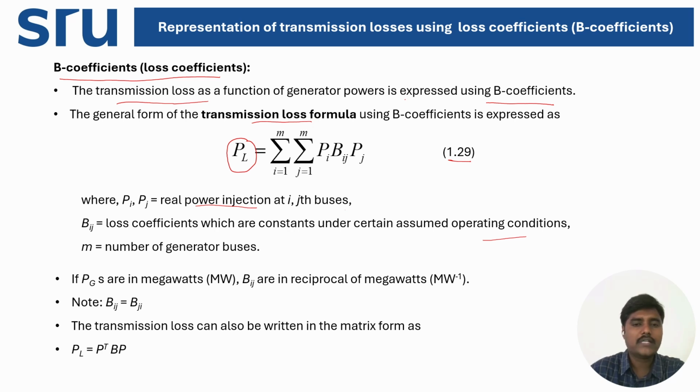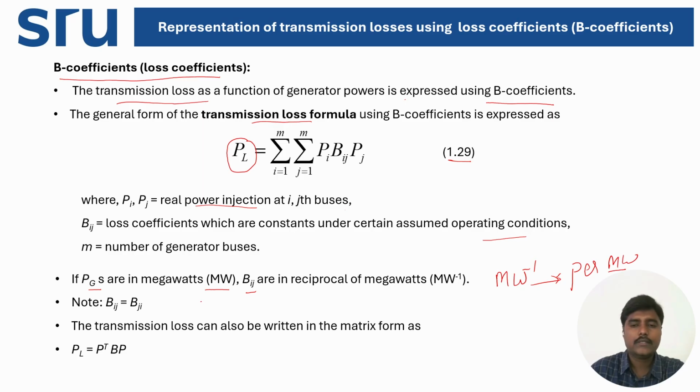If the power generations PG are expressed in megawatt, then the loss coefficient Bij is the reciprocal of that power. So the loss coefficients can be expressed in megawatt inverse, or in general, per megawatt.